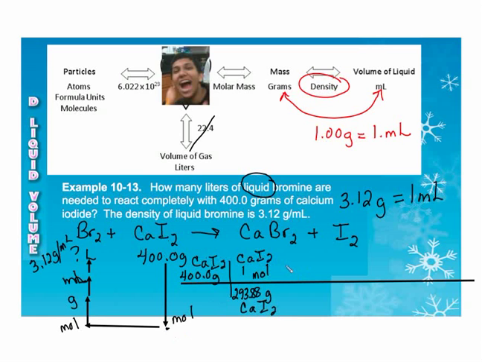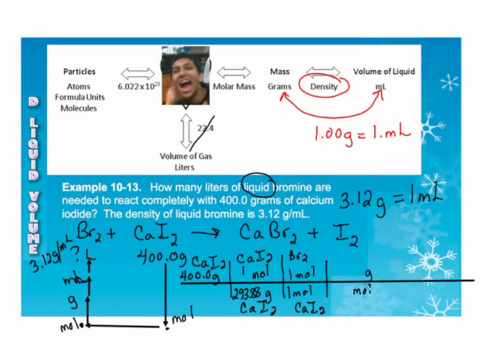Now I'm here. I want to go moles to moles. Moles to moles, use the mole ratio. There's 1 mole of calcium iodide for every 1 mole of bromine. So you can label above it and below it if you like that better. It kind of streamlines it a little bit. Now I'm here. Now I want to go moles to mass.